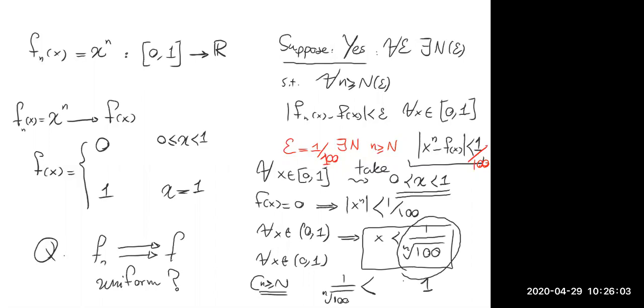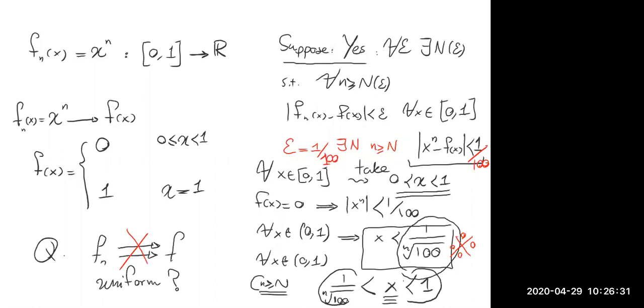So we can always choose a number x between these two, because x can be anything less than 1, and this number itself is less than 1. So we can always find a number between 1 and this number, and that number wouldn't be less than 1 over the nth root of 100. So this is also wrong. It is a contradiction. So again, this convergence is not uniform.